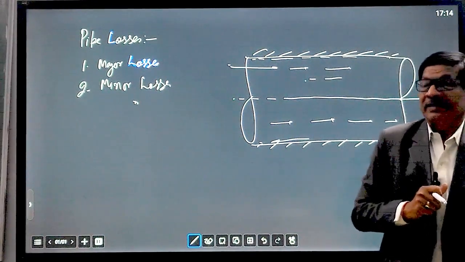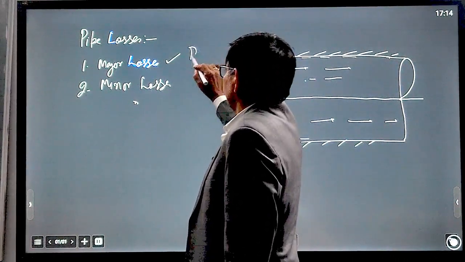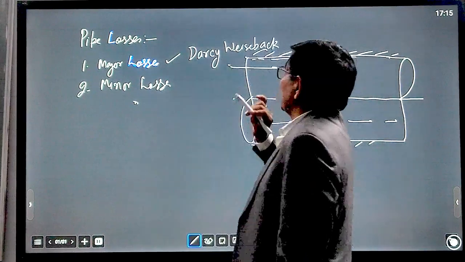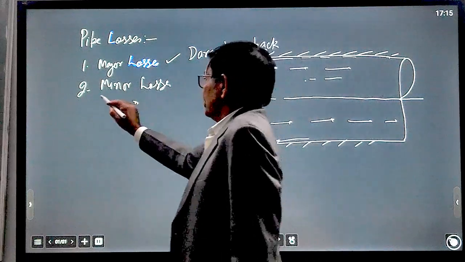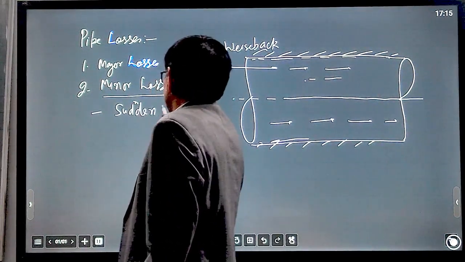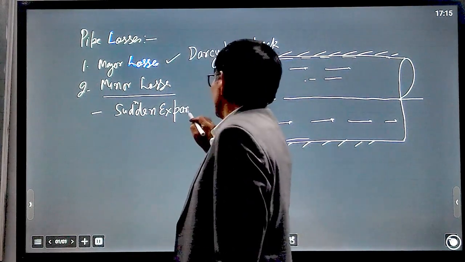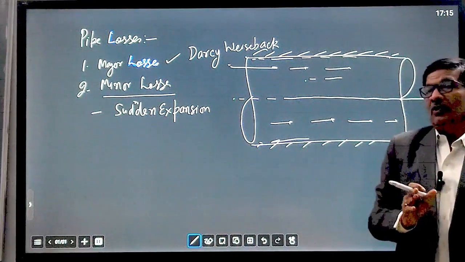These losses are taking place. So this loss we generally calculate by the Darcy-Weisbach equation.